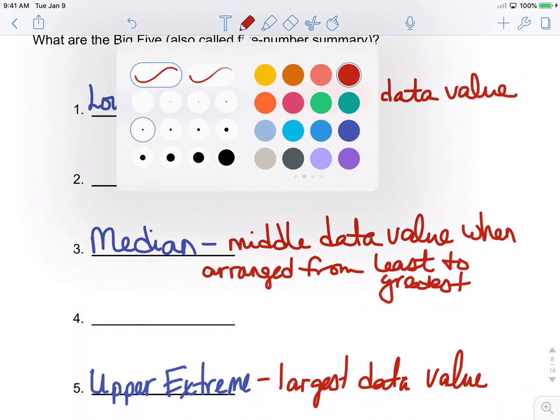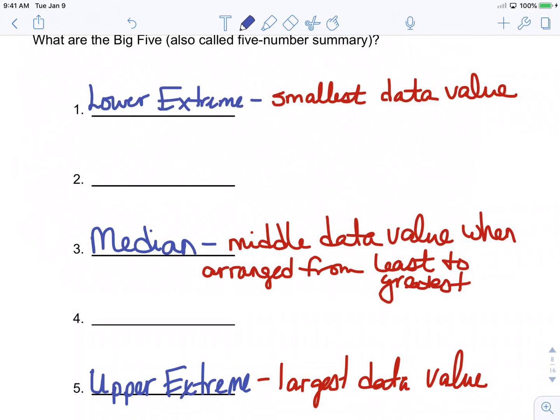And then we have 2 more things on here. We have something called a lower quartile, and then we have an upper quartile.